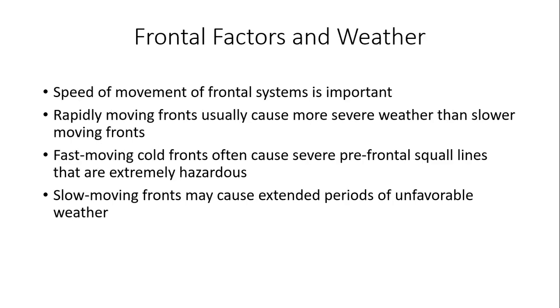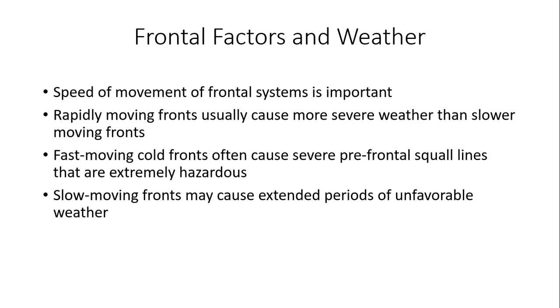Now, the frontal factors, the actual weather you see along fronts. Speed of movement of these fronts is very important. Rapidly moving fronts usually cause much more in the way of severe weather, sometimes to the point where you get tornadoes, as compared to slower moving fronts. Fast-moving cold fronts often cause severe prefrontal weather, basically out ahead of the front.